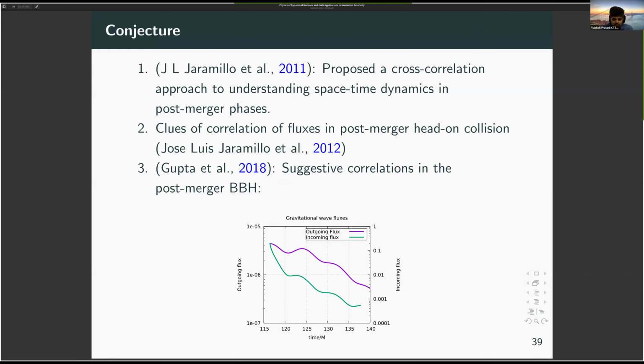So let's now discuss some of the recent developments in applications of dynamical horizons to numerical relativity. This is very interesting, as I mentioned, because we are now detecting gravity waves from coalescing binary black holes. We have quite a few of them now.